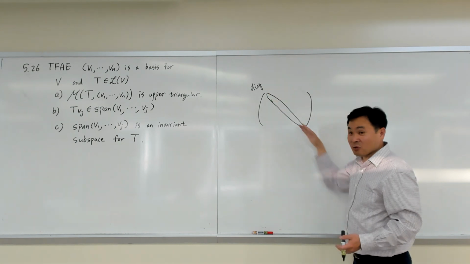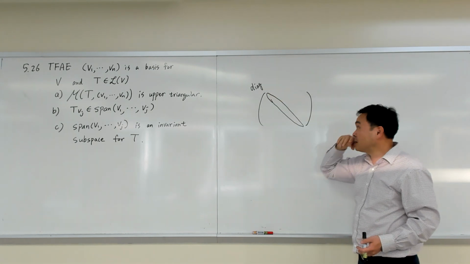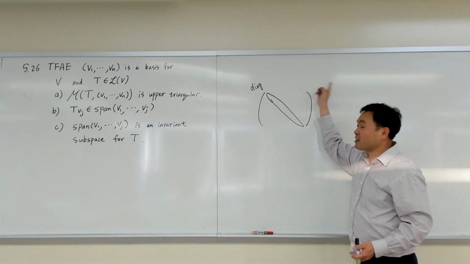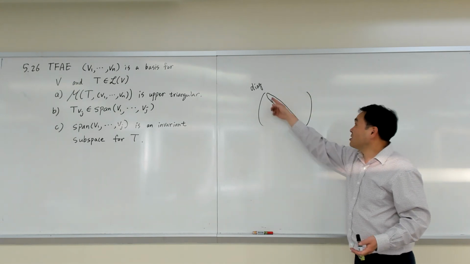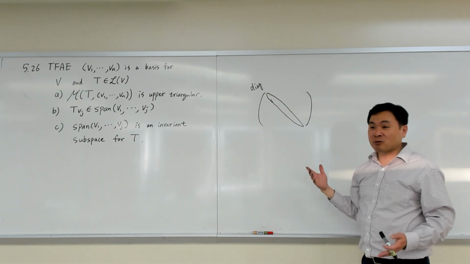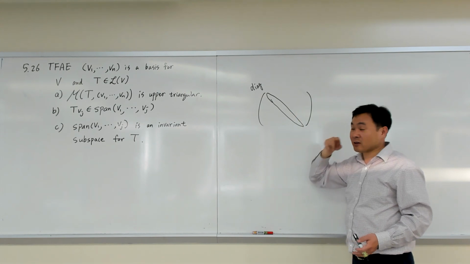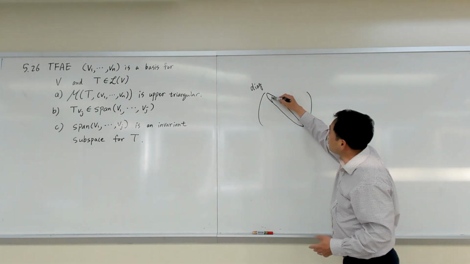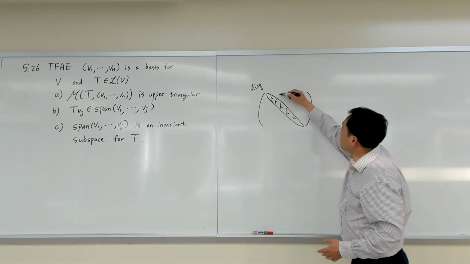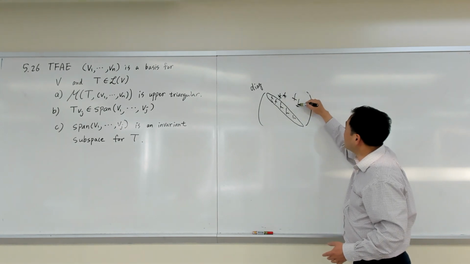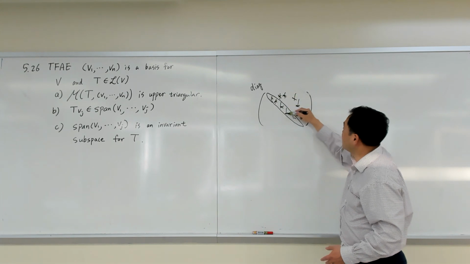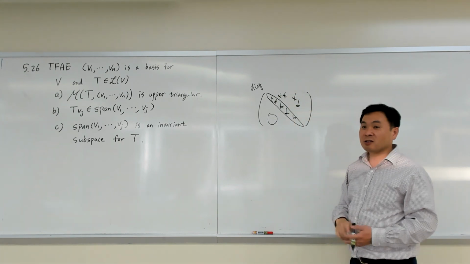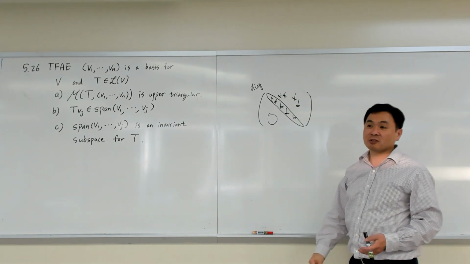Maybe that's called an anti-diagonal sometimes, but when you say diagonal of a matrix, it's always this way. Upper triangular means you may have something here and here as well, but all of the things below the diagonal must be 0. That's what upper triangular means.